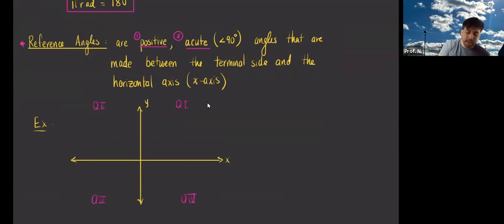If I have a terminal side in the first quadrant, and the angle that I'm considering is the angle made between the terminal side and the horizontal axis, and it's the acute one, smaller than the 90-degree angle, then what is the reference angle?